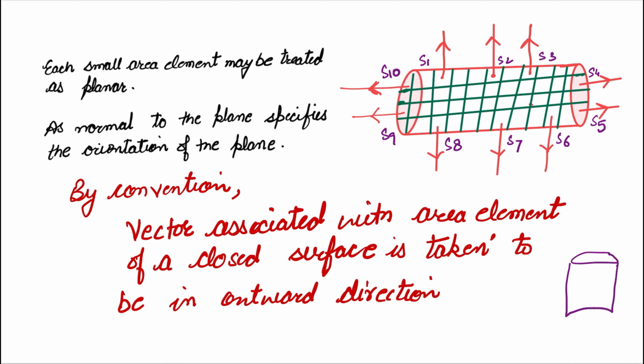So if you have a cylinder and this particular one is your area element, then there are two options. You can draw the area vector in the outward direction, or as per the second option, you can draw it inward. But the convention is that you will always take the area vector in the outward direction.